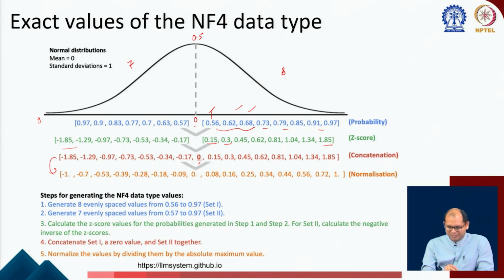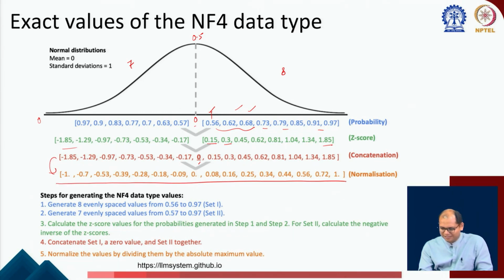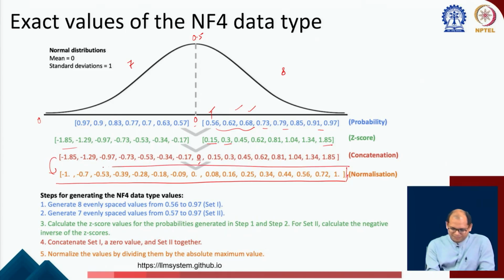So this is the range that you get in this NF4 data type. You see they are not equally sized. They look roughly equal at first: 0.08, 0.16, 0.25, 0.34, but then it is increasing: 0.44, 0.56, 0.72, 1.